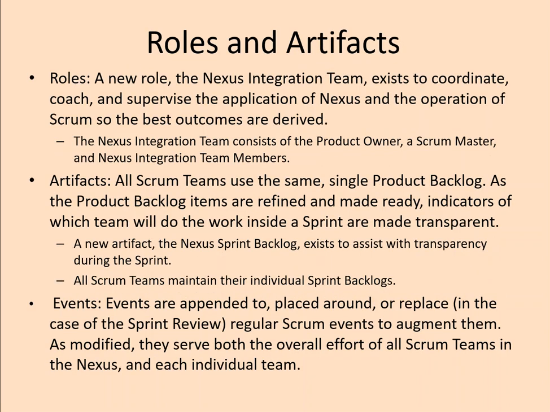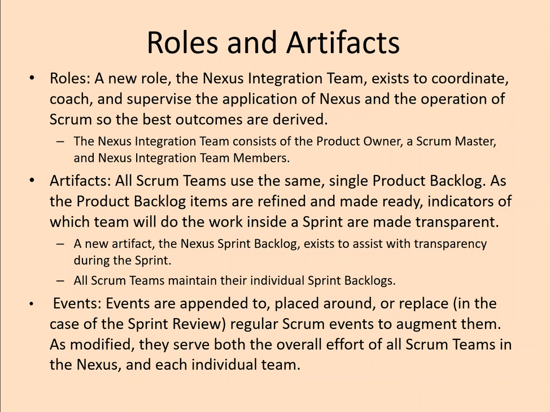And finally, to the roles and the artifacts. A new role, the Nexus integration team, exists to coordinate, coach, and supervise the application of Nexus and the operation of the Scrum teams so that the best outcomes are derived. The Nexus integration team consists of a product owner, a Scrum Master, and the Nexus integration team members. And artifacts.